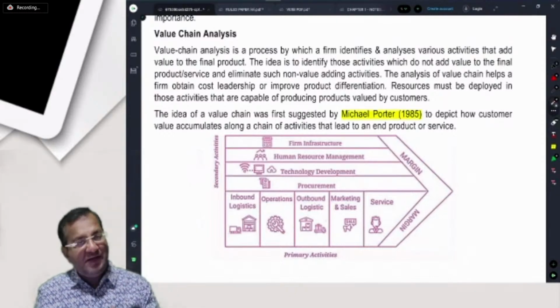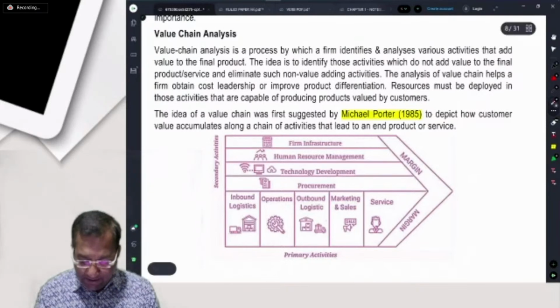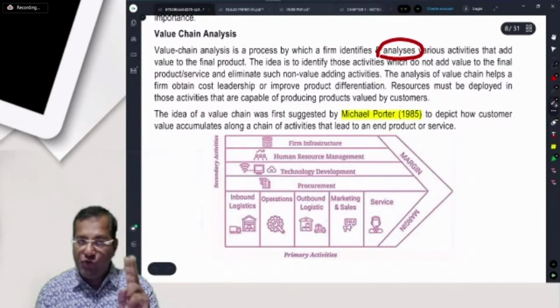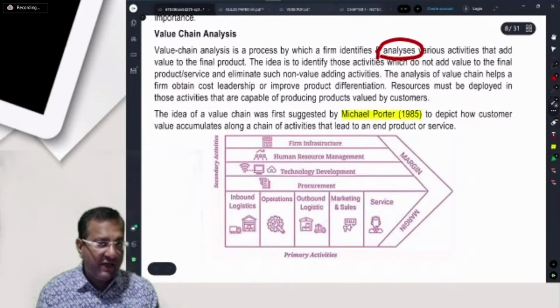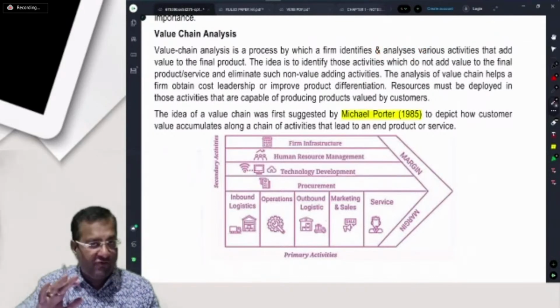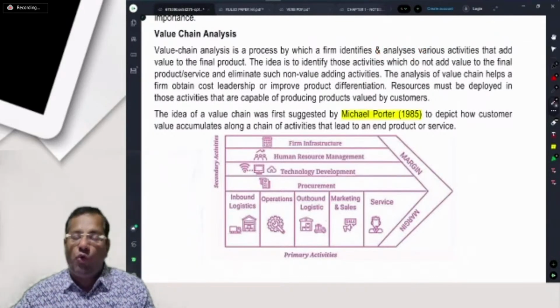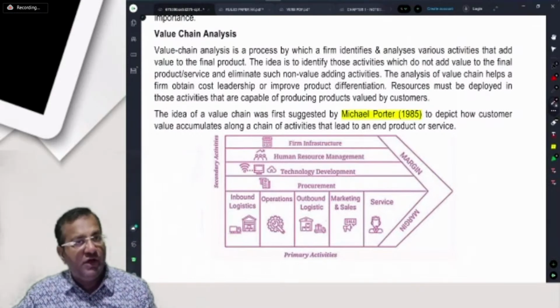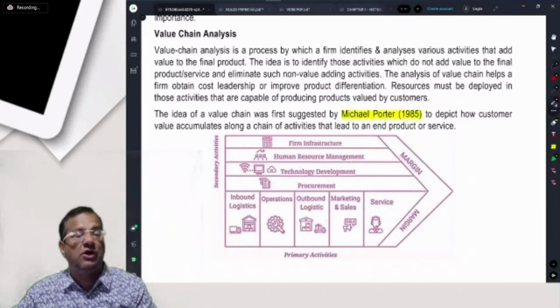Once identification has been completed, then each activity that has been identified will be analyzed into two parts: value added activity and non-value added activity. Once again, I am repeating, beta, this is very important. In the whole organization, there are n number of activities. So the very first work of value chain analysis is to identify all the activities in the organization.